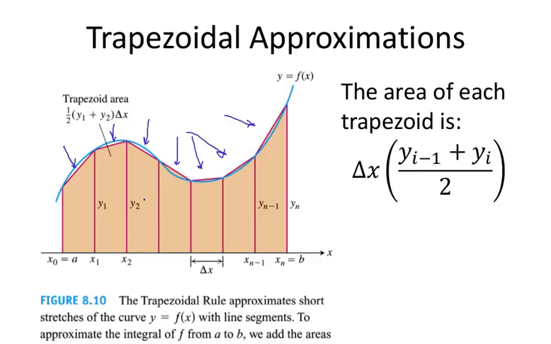So how do you find the area of the trapezoid? It's a geometry problem. It's the width times the average height of those f points. You take the two adjacent f values on the curve, add them, and then divide by 2. That's the average height of your rectangle.